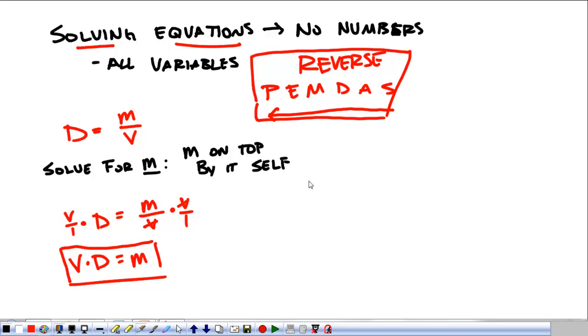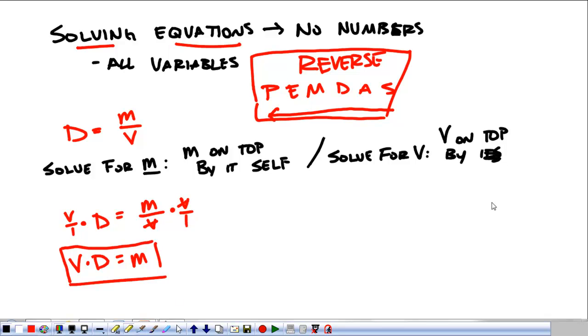Let's take the same thing and do something that always throws almost all of my students off. And that is solve for V. Now what we want here again is V on top by itself. Oops, sorry.